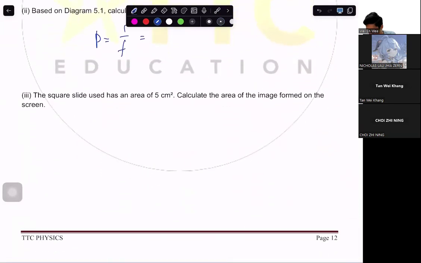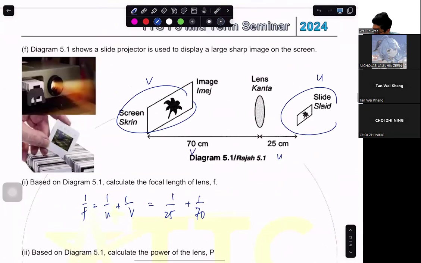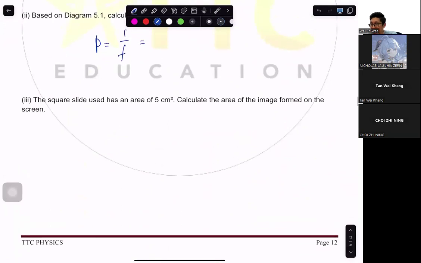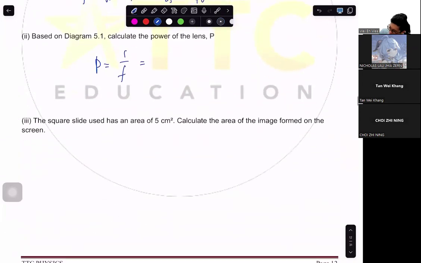The third one, they tell you the slide has an area of 5 cm square. Calculate the area of the image formed on the screen. I want to know how big is the image. Now, before we know how big is the image, we need to know what is the magnification first. So to find out, we can calculate magnification. I told you just now, right?